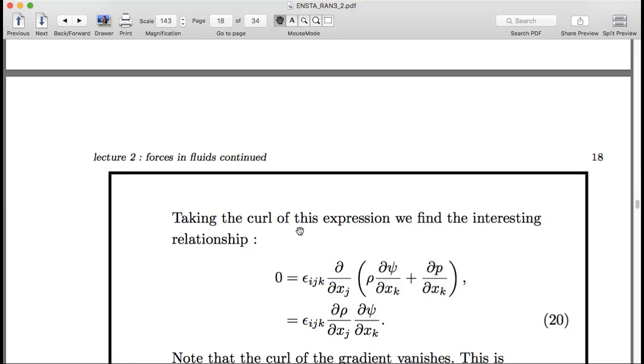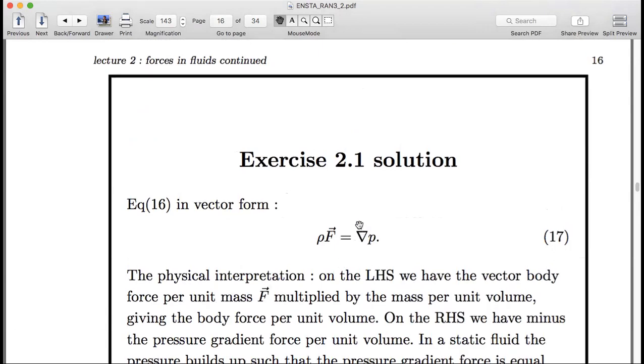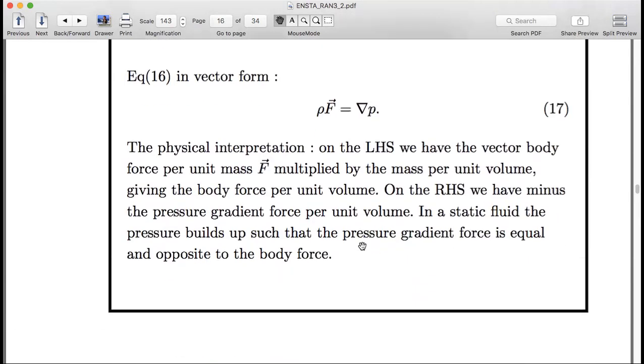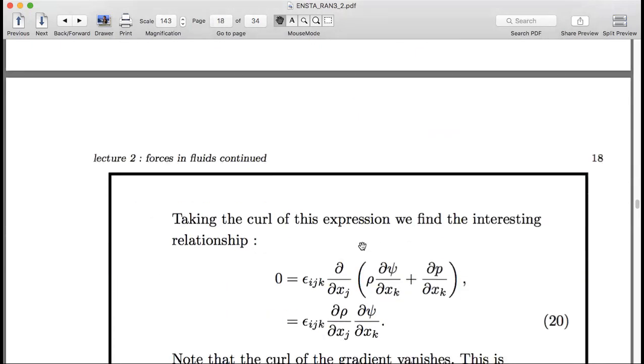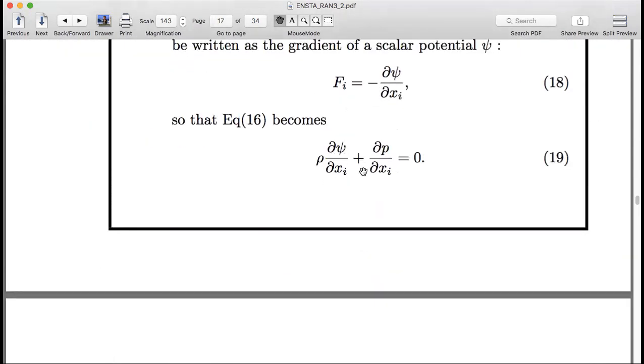In vector calculus, the curl is the cross product of this nabla operator with a vector. So I had a vector equation here, right? This is just the gradient of the pressure plus rho times the gradient of psi.